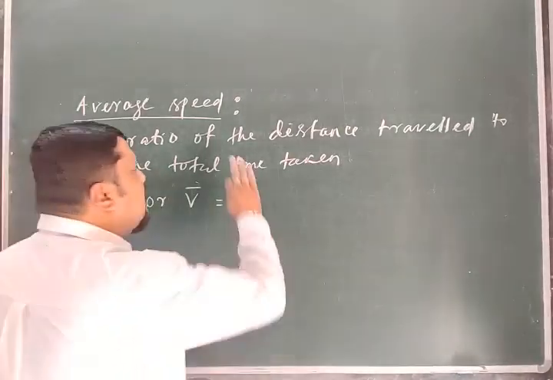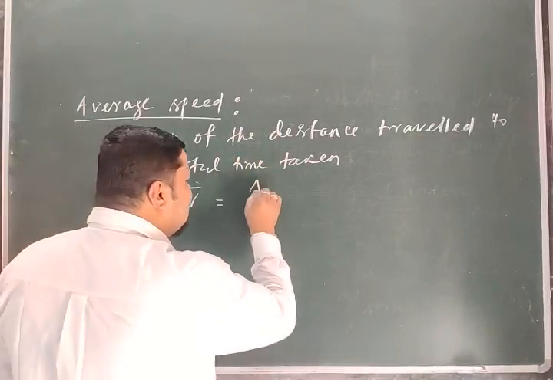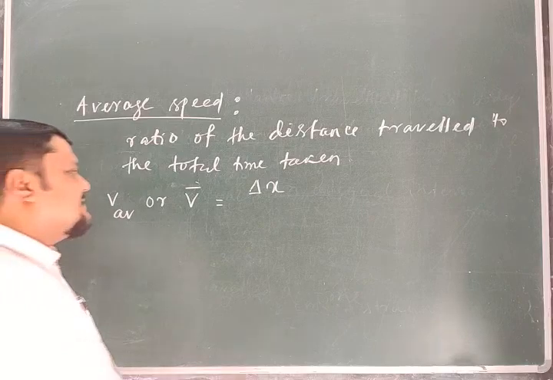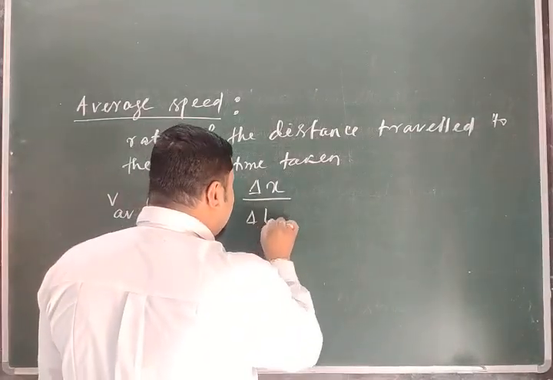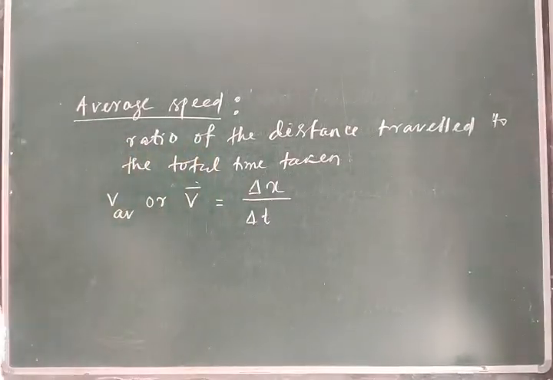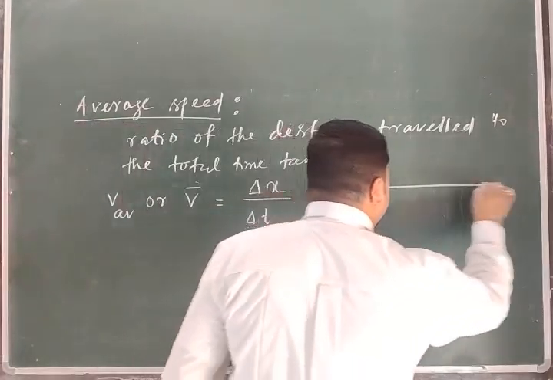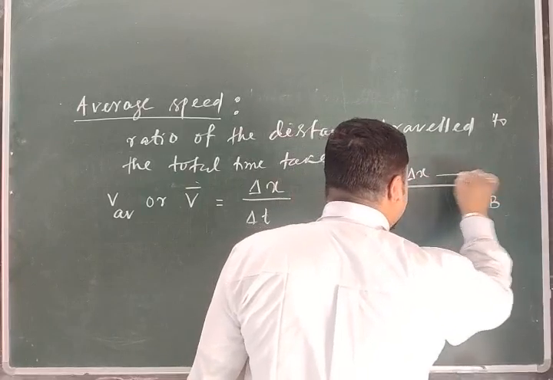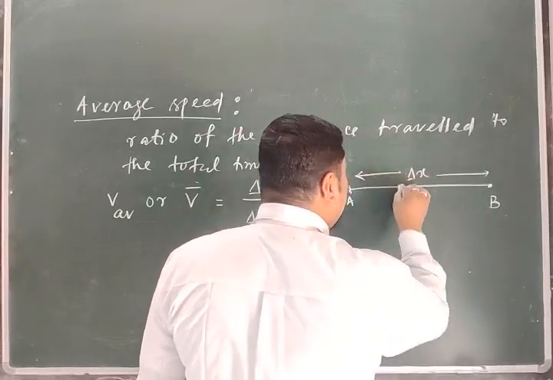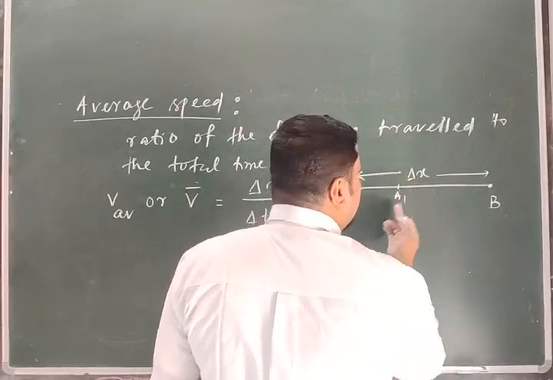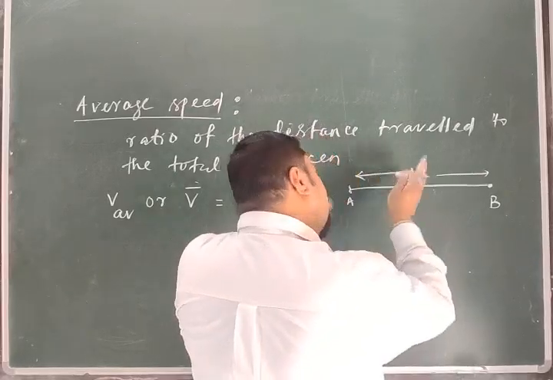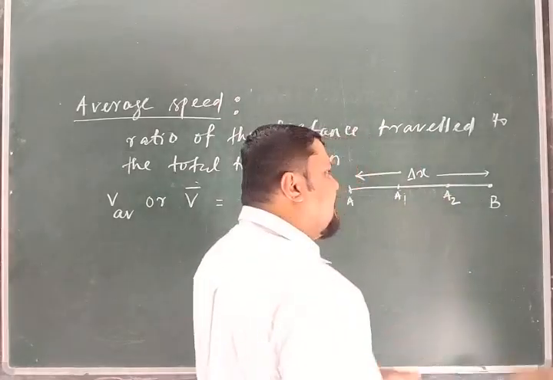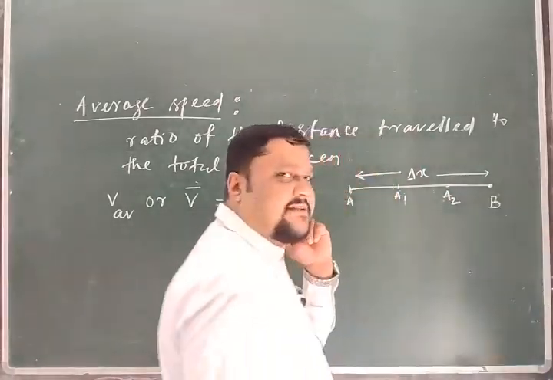V average is equal to, suppose that the total distance traveled by the body is delta x in a time interval delta t. In the time interval delta t, to reach from A to B, the total distance is delta x, and the body has variable speed: from A to A1 it has a different speed, from A1 to A2 a different speed, from A to B the variable speed.